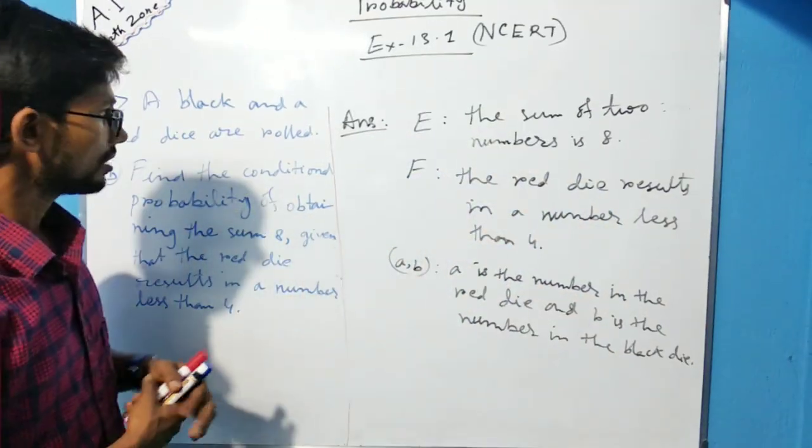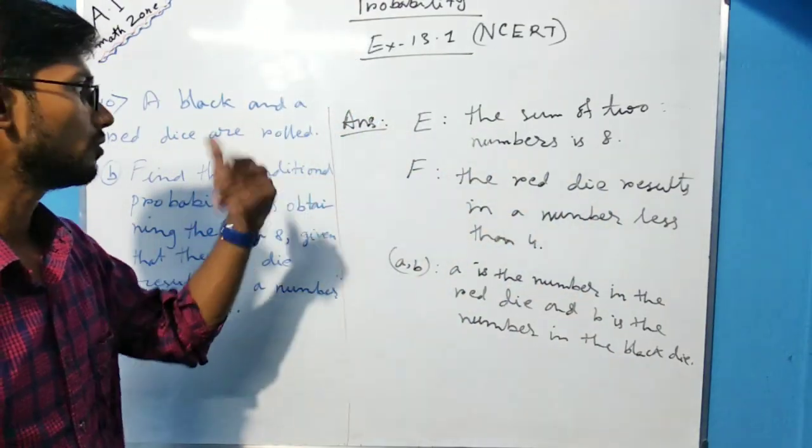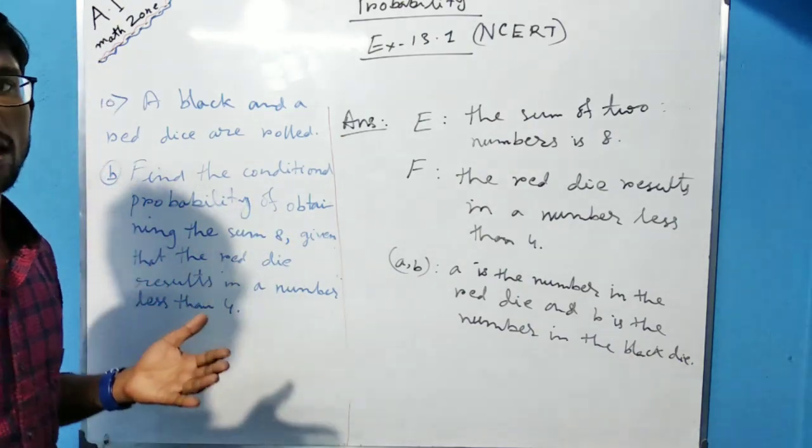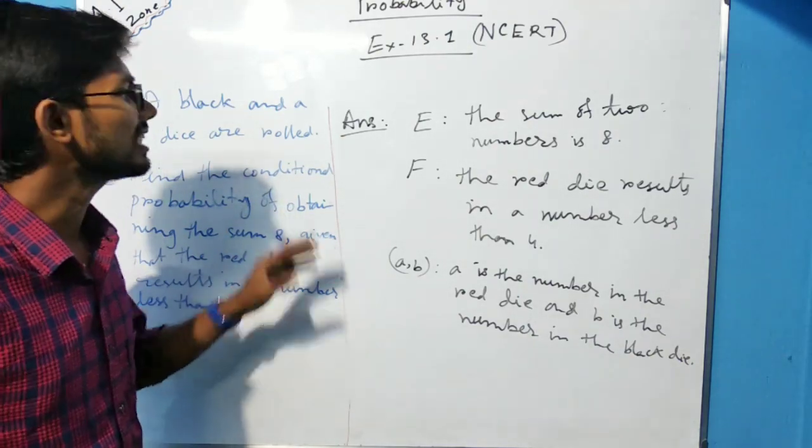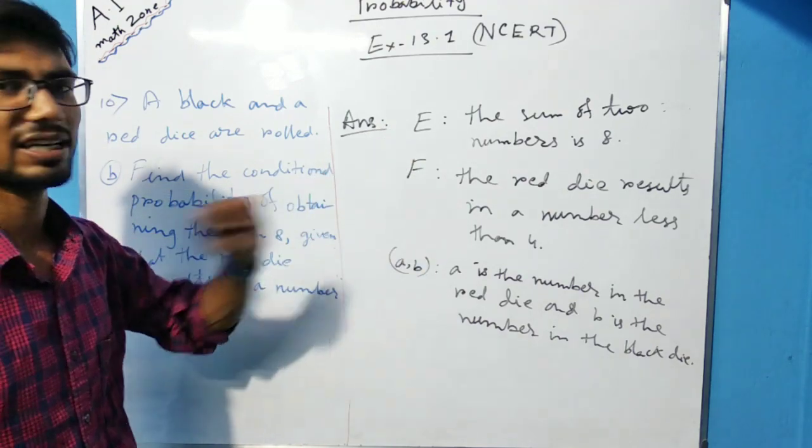Now using these events we will find, according to the question, what is the required probability? The required probability is the probability of E given F, right?